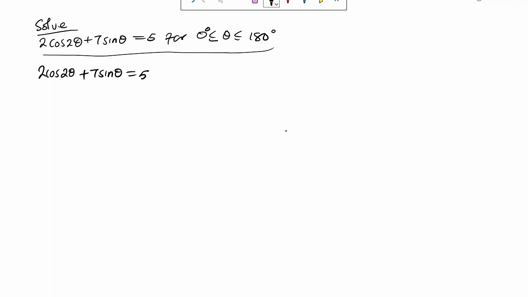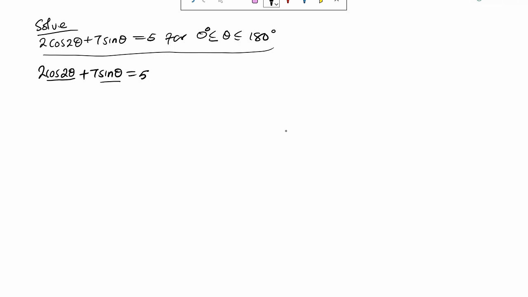Now what we need to do at this point here, we need to express cos 2 theta in terms of sine theta. And how do we do that? Cos 2 theta is an example of a double angle, and we are going to use the double angle formula.